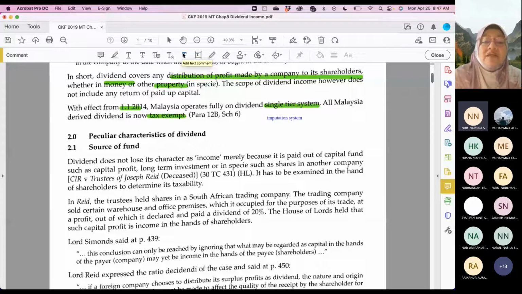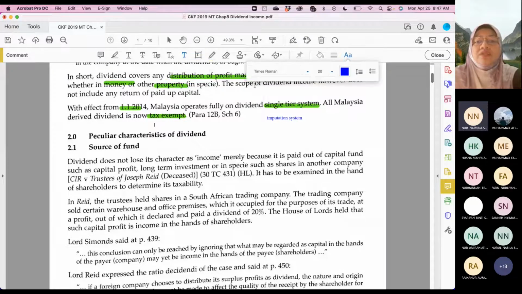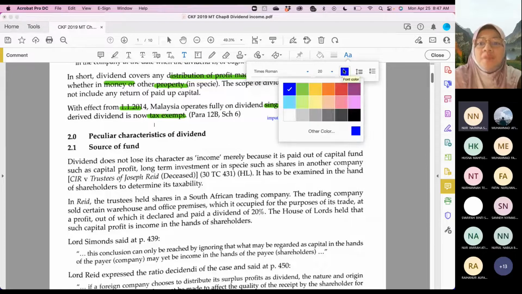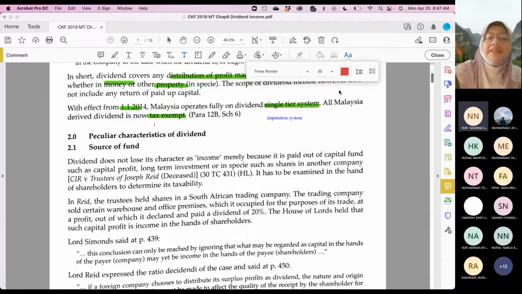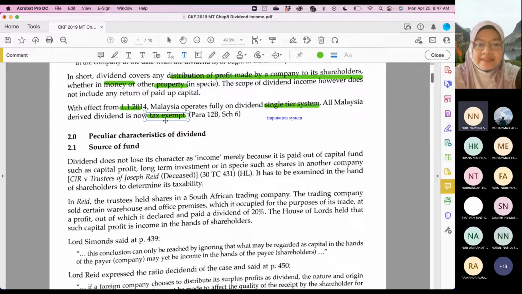It's just not taxed at source. So normally what you write here is not tax exempt. Whenever you have dividend income, later in your tax column you have to put it as final. I want you to write your dividend income as final rather than tax exempt dividend.